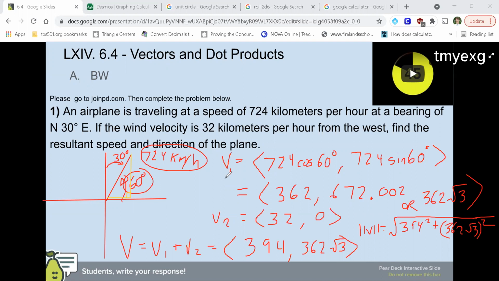And if you do that, you should get 740.519 kilometers per hour. So the plane is actually going faster now, which should make sense because it's a tailwind, right? Yeah, it's coming from the tail.